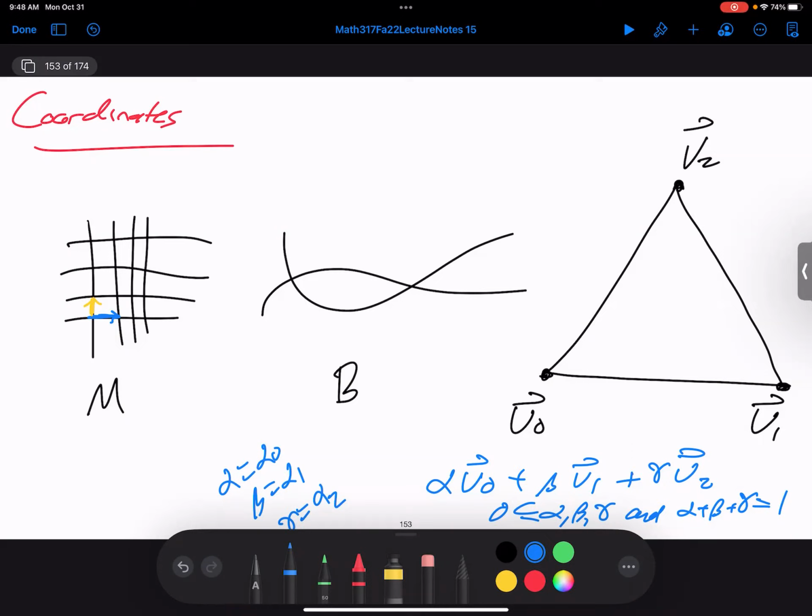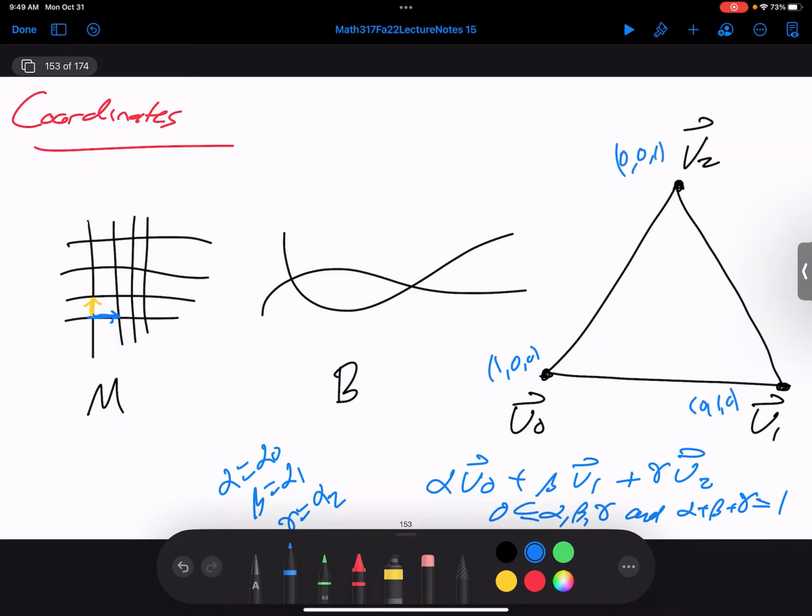And what I'm trying to do is represent any point in this triangle as a special combination of V0, V1, V2. What would alpha, beta, gamma correspond to get to the point V0? It would just be 1, 0, 0. What if I want to get to V1? And then the last one would be 0, 0, 1.